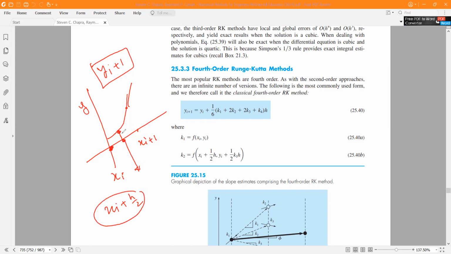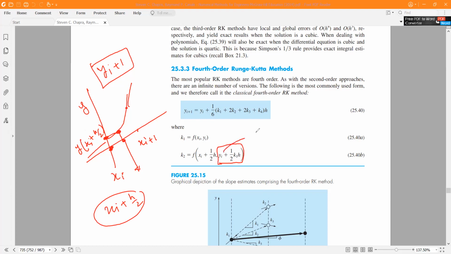In order to calculate the slope at this point, don't you know the value of your function at this point? Y at xi plus h by 2, don't you need the value? Yes, sir. We need the value. That value is calculated to be something like this, okay?